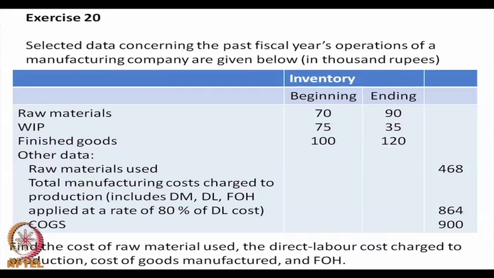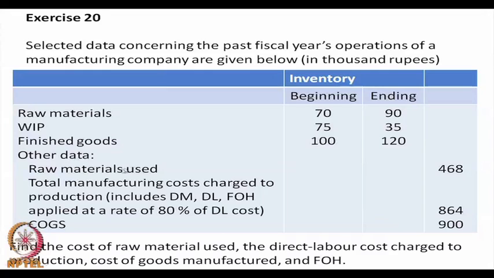The beginning and the ending inventories for raw materials, work in process and finished goods are given. This is for a year. In the beginning of the year, raw material was 70,000, end 90,000, etc.